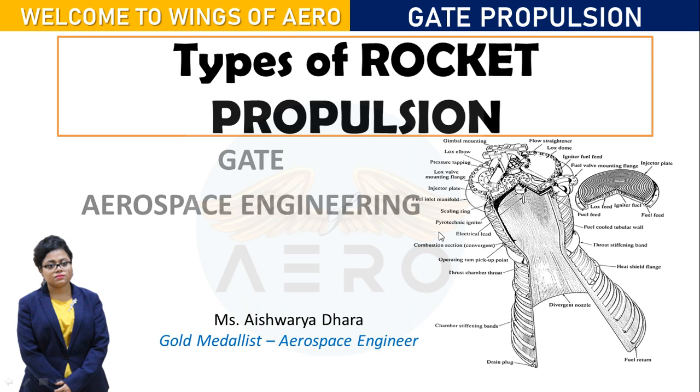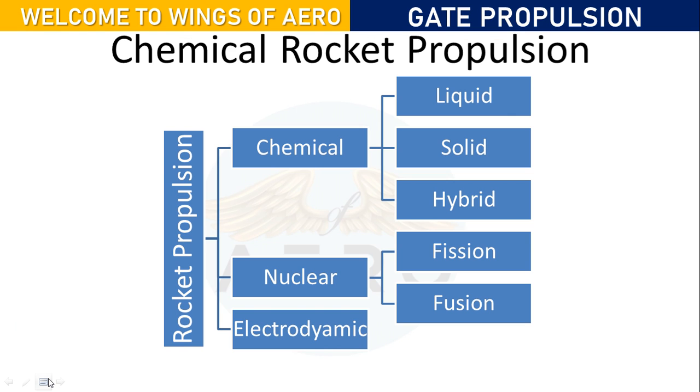So here in this types of rocket propulsion, we will first see what the classifications of rocket propulsion are. Okay, so here we have so many types: chemical, nuclear, and electrodynamic.